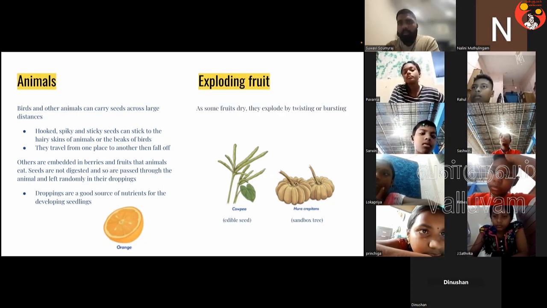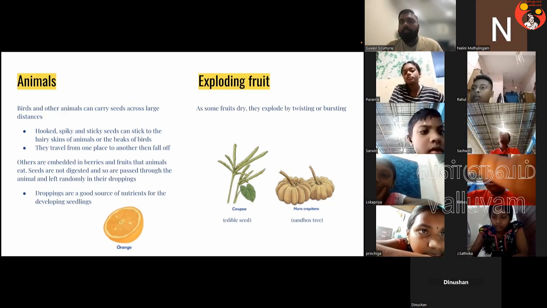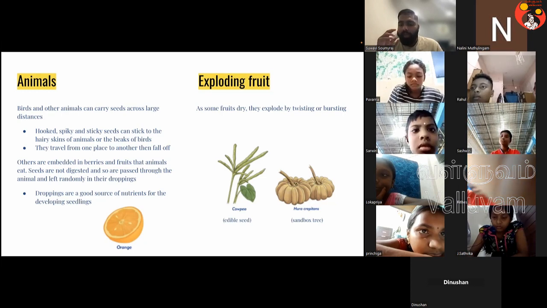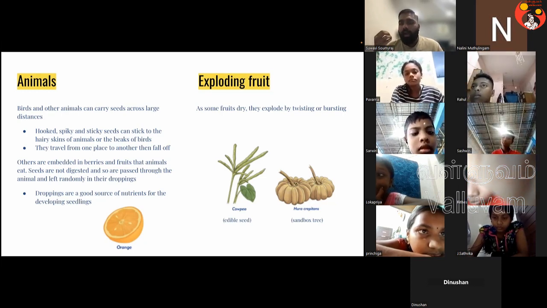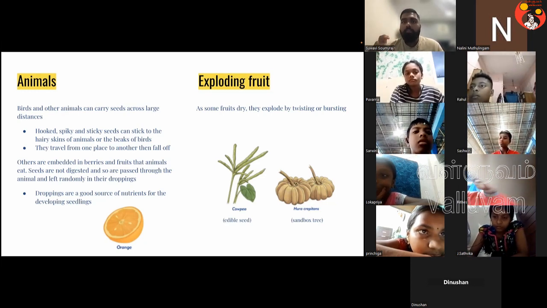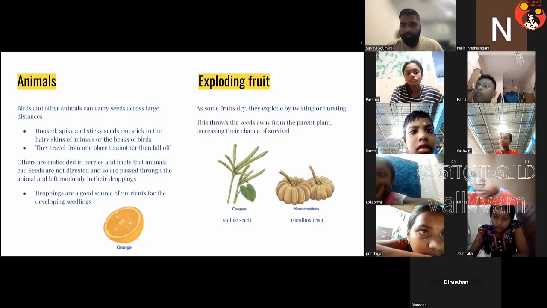The last method is through exploding fruit. Some fruits are adapted to certain environments in such a way that they are so dry and tend to explode through the twist or burst of the fruit itself.